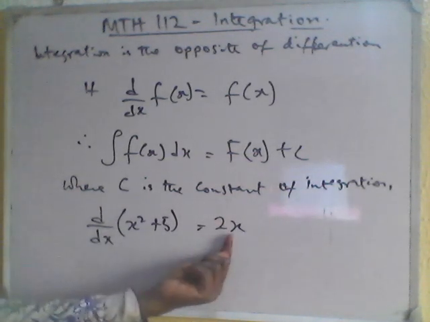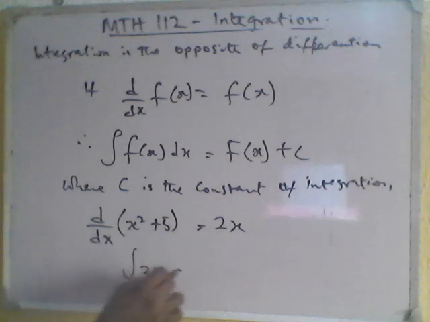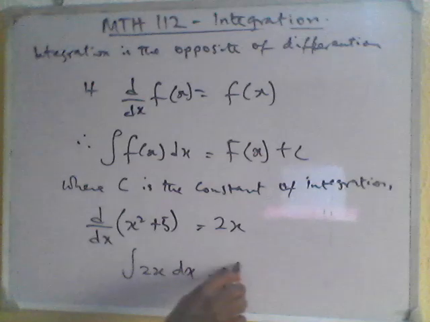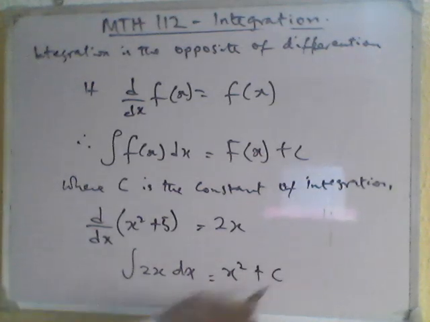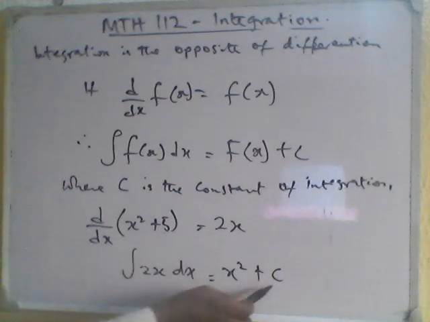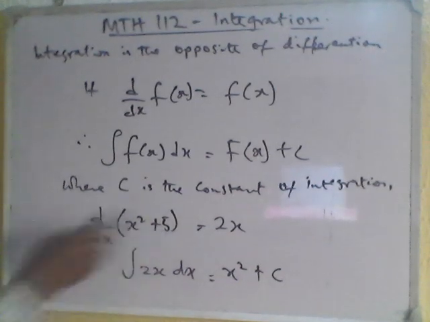But if I were to integrate it to get back this one, for integration, if I were to integrate 2x dx, this is what I'm integrating here. This is the sign for integration. If I'm integrating 2x, I'll be getting x squared plus c. This c can be any value, which is 5 here for this instance. We might not know what the c is, but we are putting it there to show that there's a constant there. And truly, where it came from, there's a constant which is 5.